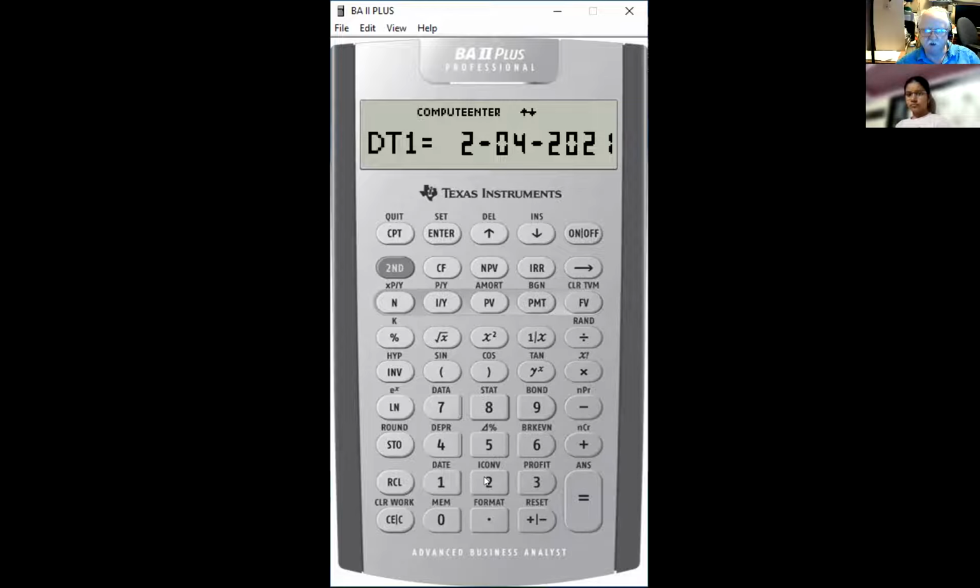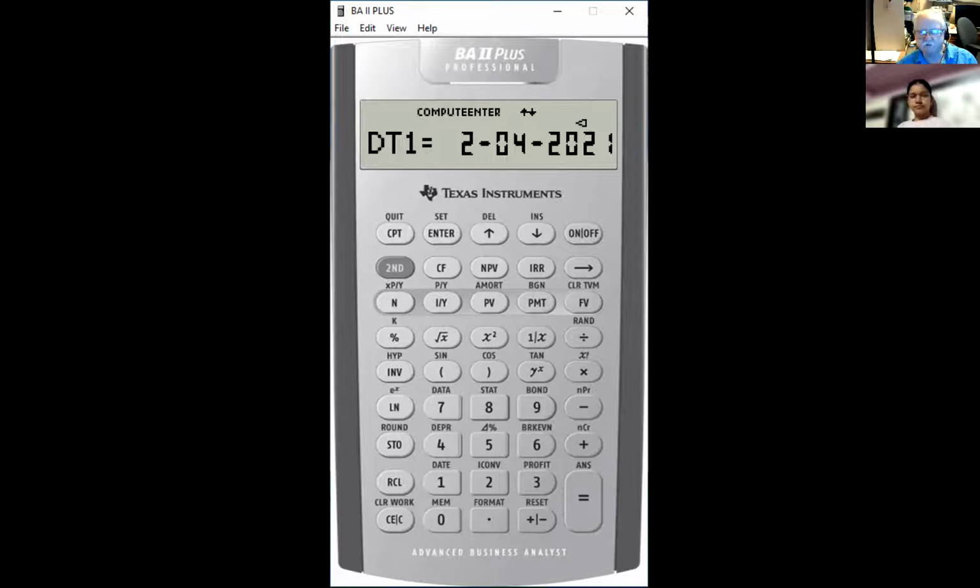So for the month, I'll put in 2, dot. Then it's the 4th day, so 04. And it's 2021, but I can only put in the 21. When I hit enter, I can see it a little more clearly. It's the second month, the 4th day, and 2021.